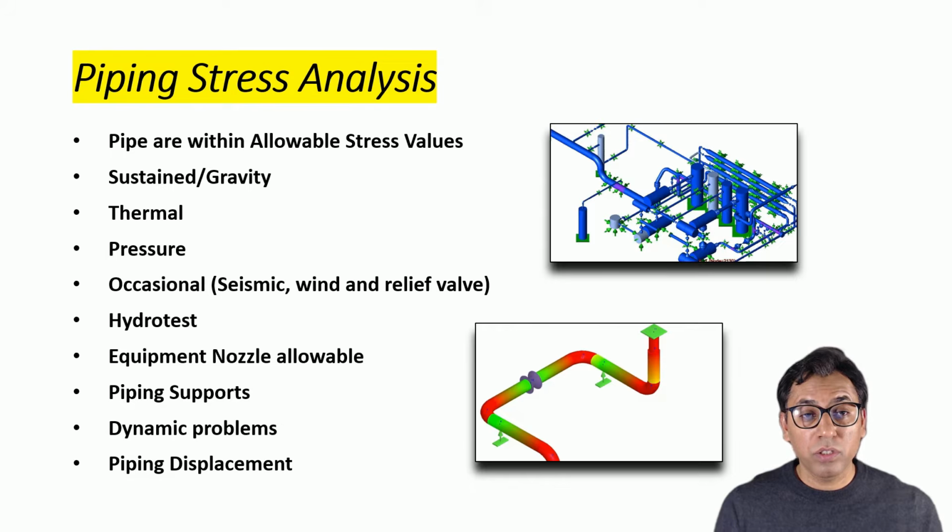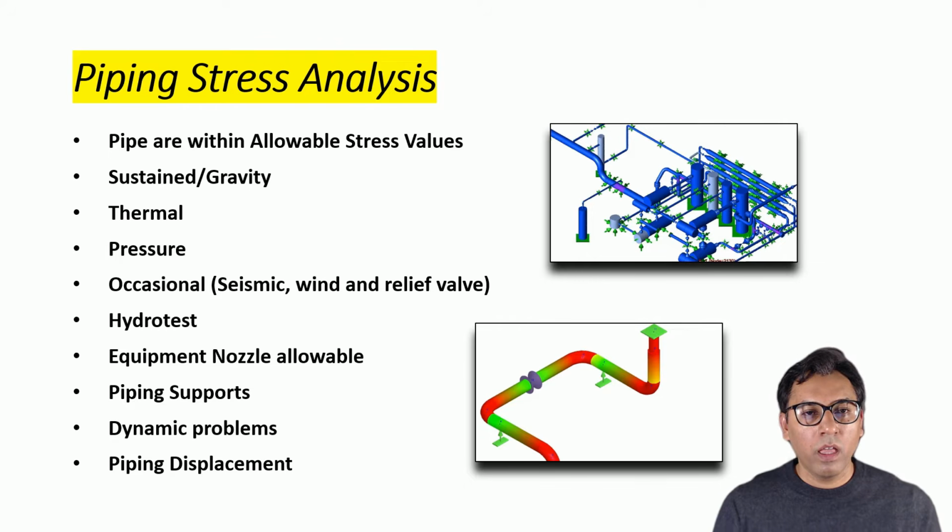Also, we need to check the pipe supports and the loads on those supports, and look after potential dynamic problems. We need to check the pipe displacements. These are the main objectives of performing stress analysis. And now in the next slide, I will talk about the typical inputs to perform piping stress analysis.